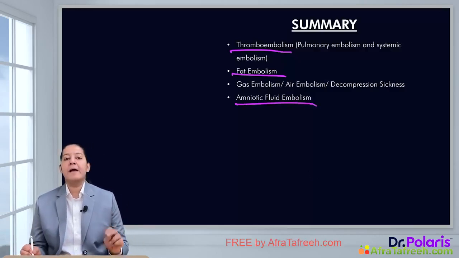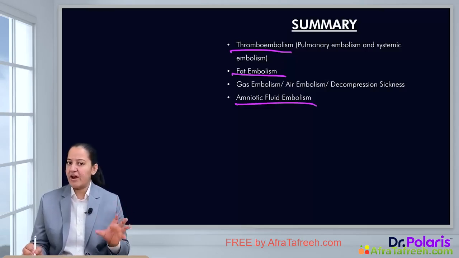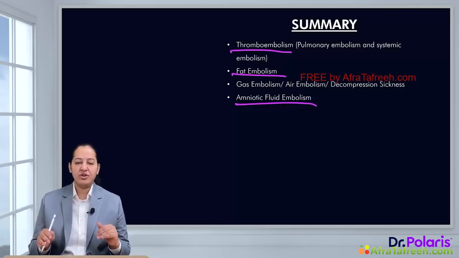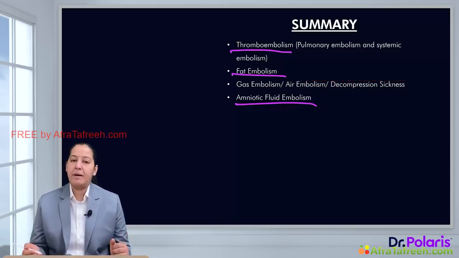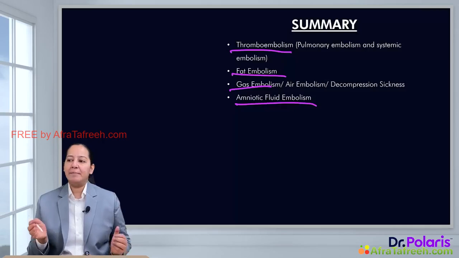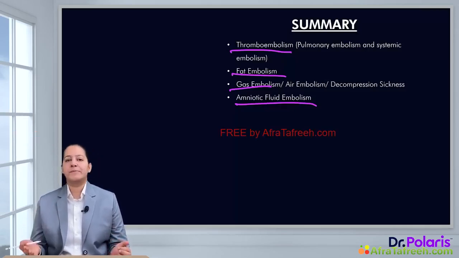Amniotic fluid embolism is produced in a pregnant lady at the time of labor due to vigorous contraction of the uterus. There are tears in the myometrium, and from those tears, the amniotic fluid enters the circulation of this lady, producing amniotic fluid embolism. And last is gas embolism. In gas embolism, it can be certain surgeries of the head, neck, or obstetric surgeries.